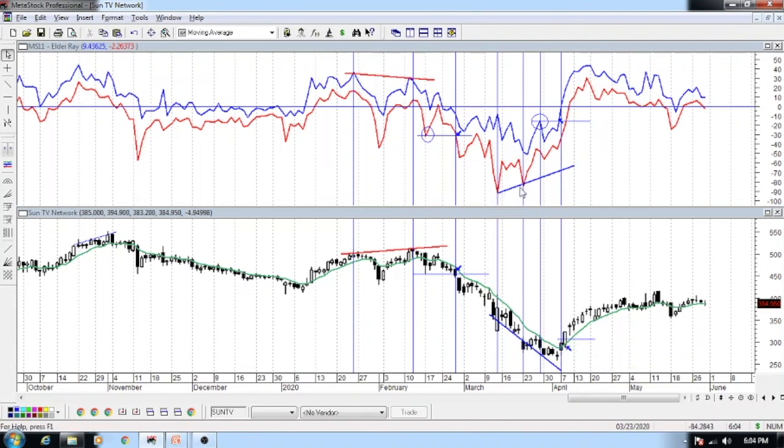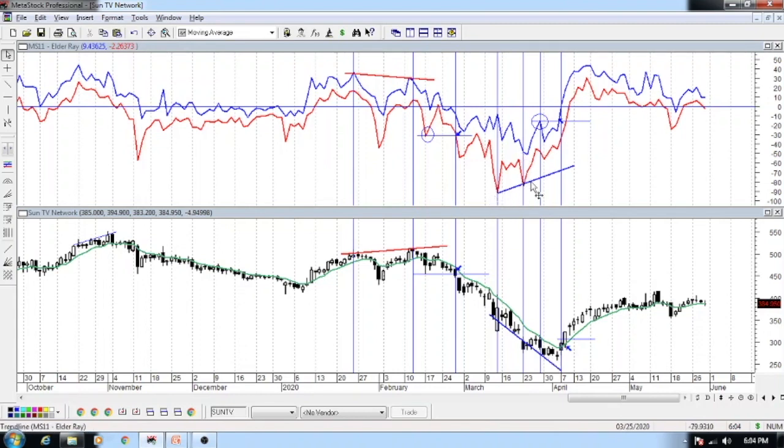Second, we need a positive or bullish divergence between price and oscillator. We can see that here the bear power is making higher lows, while price is making lower lows. Price is making lower lows and the oscillator is making higher lows.